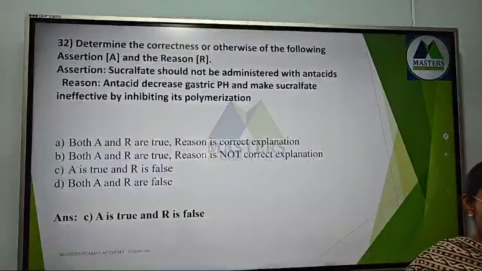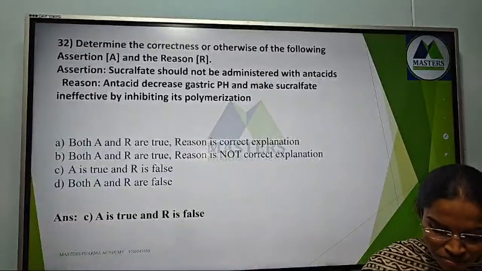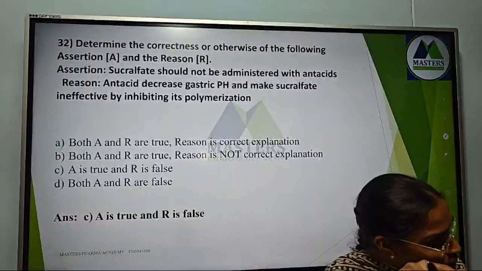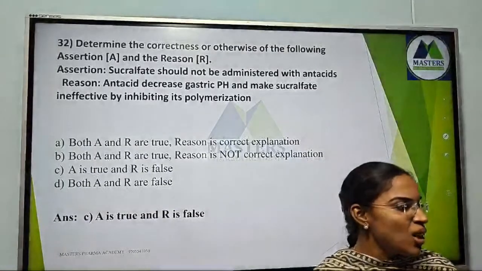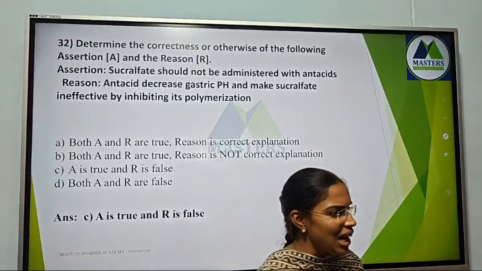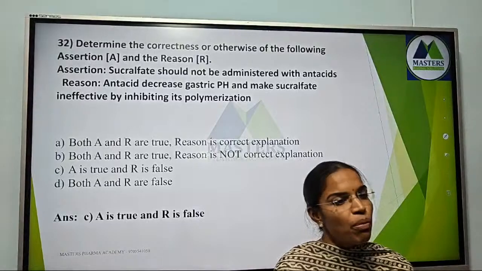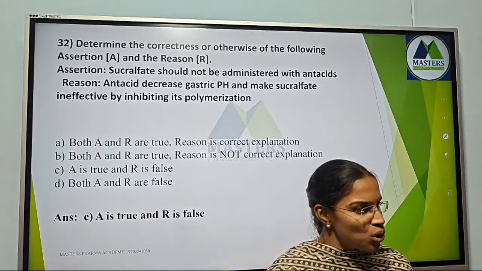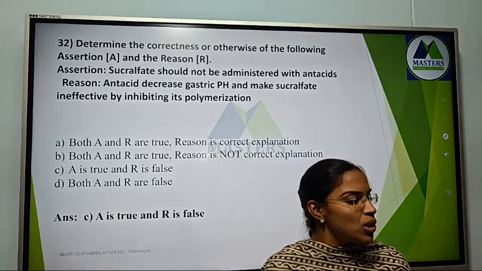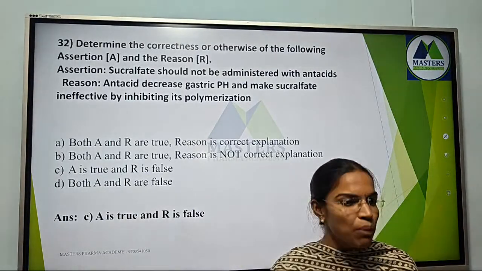That is wrong. Sucralfate should not be administered with antacids because antacids reduce the efficacy of sucralfate. They prevent the binding of sucralfate to ulcers. It is an ulcer protective agent, so it should bind to the ulcers to make a protective barrier. Antacids prevent the binding of sucralfate to the ulcers.